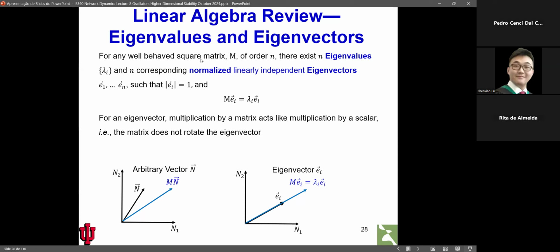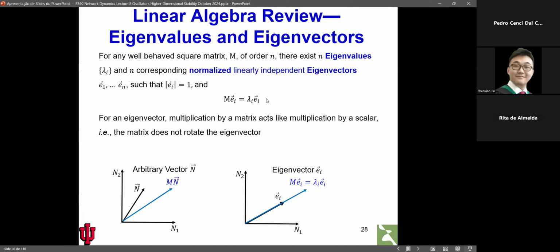So, for any well-behaved square matrix M, where well-behaved means that mathematicians can come up with very weird square matrices, but we consider the ones we are used to, of order n, there exist n eigenvalues lambda i and n corresponding normalized linearly independent eigenvectors E1, ..., En, such that the modulus of each one is 1, and if I take the matrix M multiplied by its eigenvector Ei, then I get the eigenvalue lambda i applied on Ei.